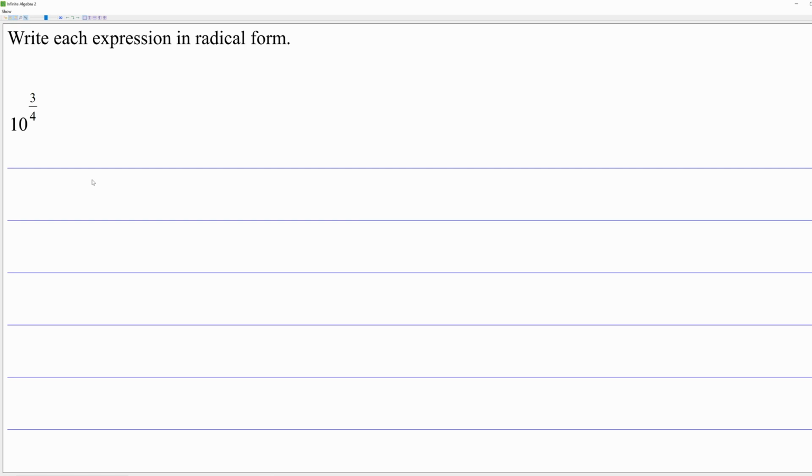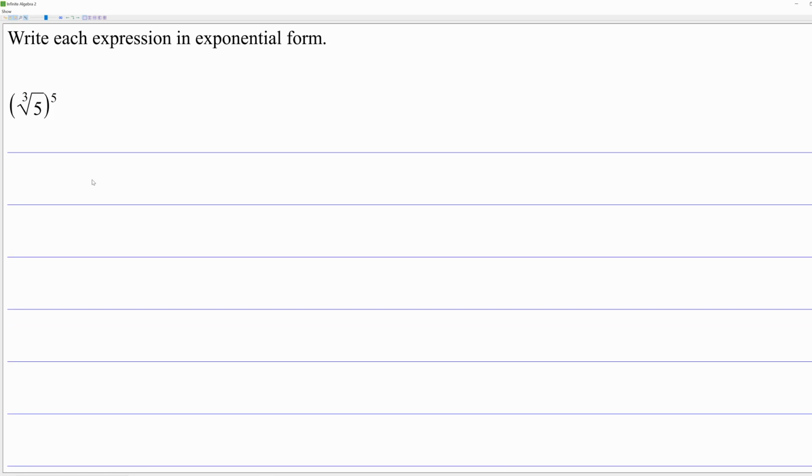So we can go the other direction as well. We can start in radical form and change back to exponential form. So the base is 5. We're raising it to the 5th power. And then we're taking the cube root, which as an exponent is 1/3. Let's do another.